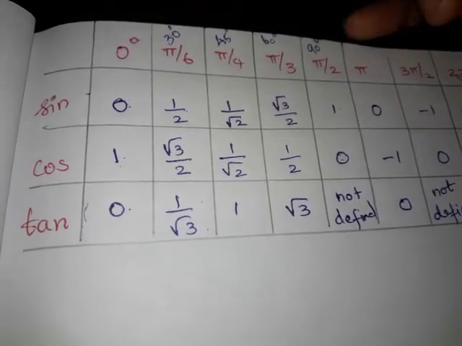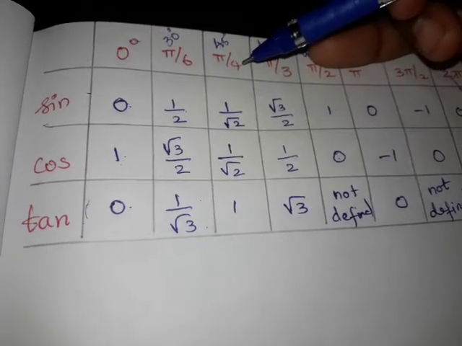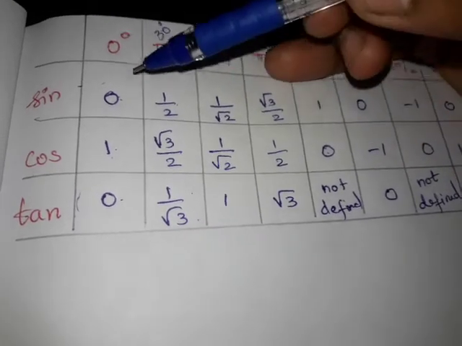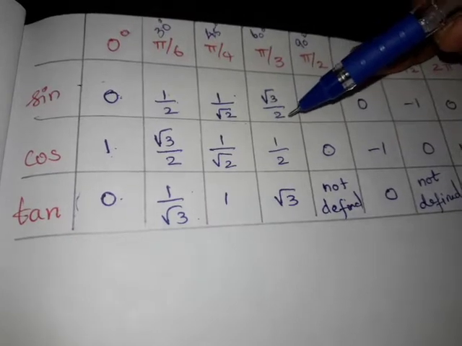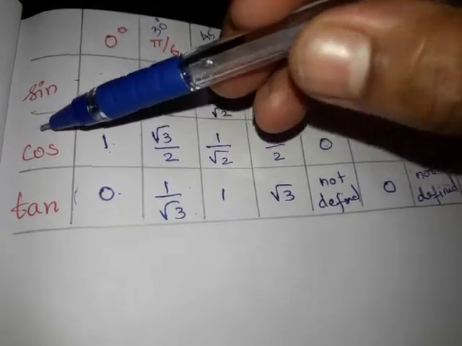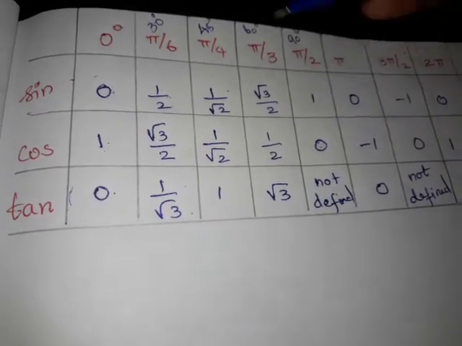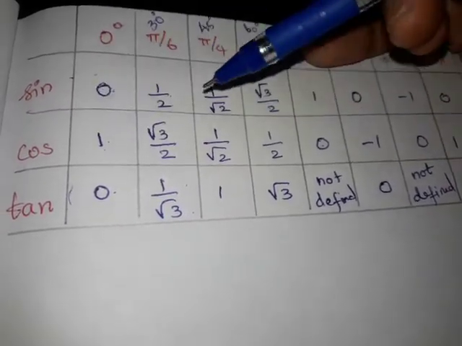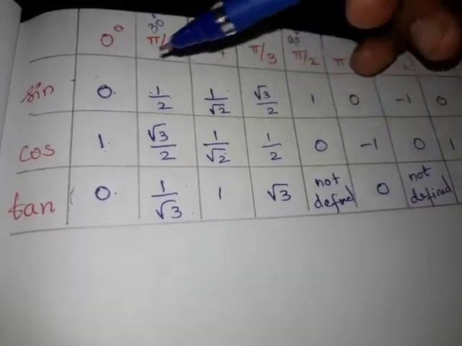So you remember in this way: 0, then 1 by 2, 1 by root 2, root 3 by 2, then 1. Then cos value is just the opposite of that: 1, root 3 by 2, 1 by root 2, 1 by 2, 0.